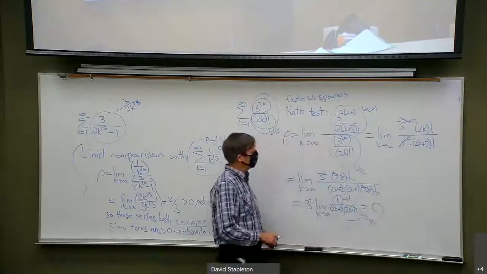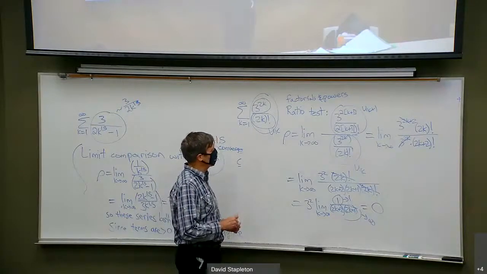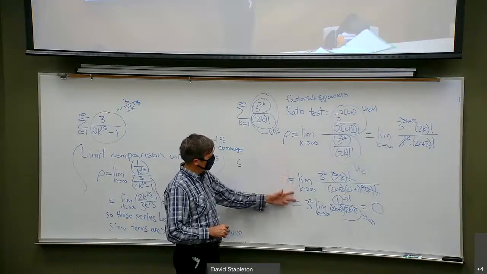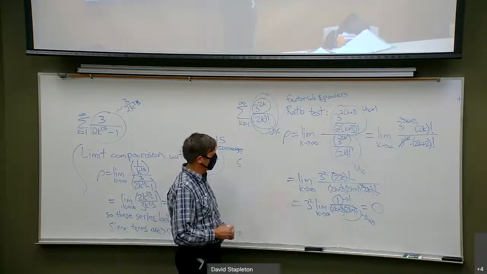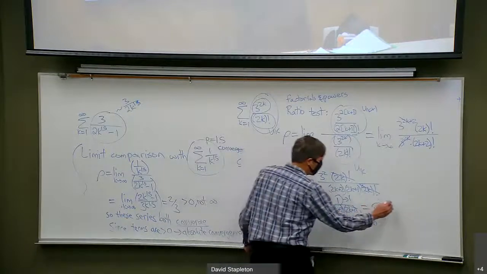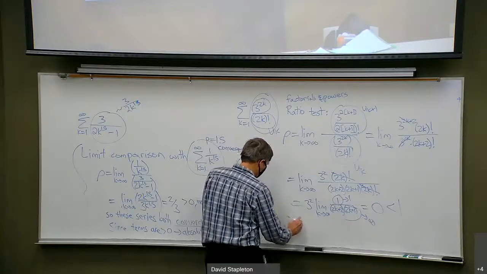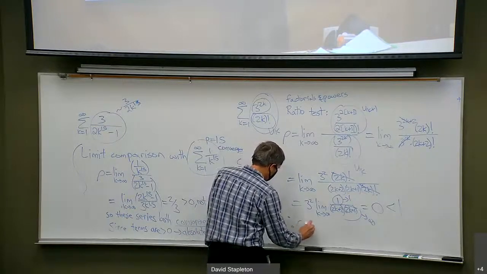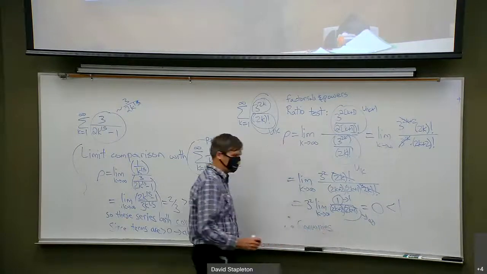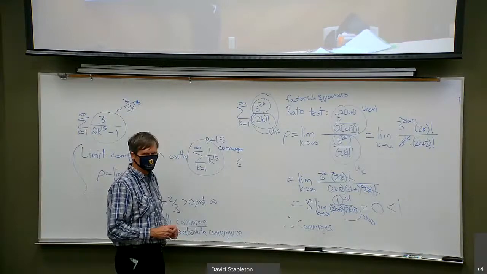This time you can allow 0. For the limit comparison test, you want some positive number, not infinity. But for the ratio test, what you want is anything less than 1, including 0. When rho is less than 1, you say, therefore, this converges. Now the question is, once it converges, is it absolute convergence or conditional convergence?